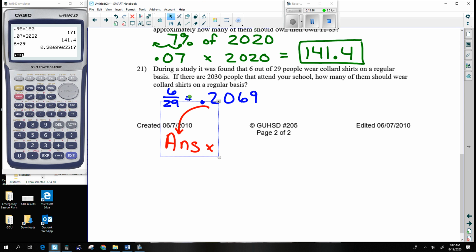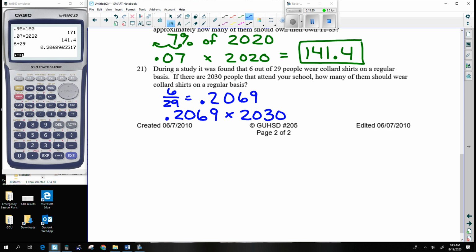Okay, so what I'm technically mathematically doing next is I'm using this percentage of 2030 people. So again, calculator speak, what I'm doing is I'm going to say answer times 2030. Okay. So calculator talk, that's what I'd be doing.